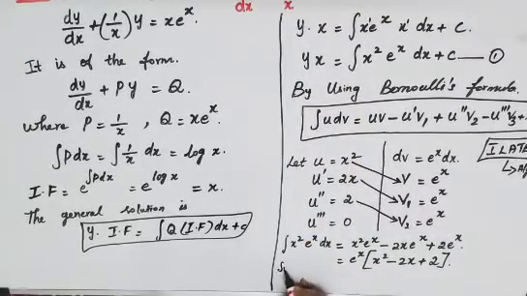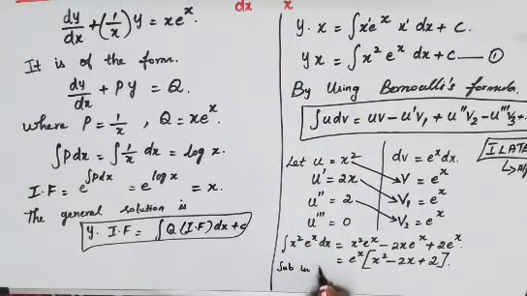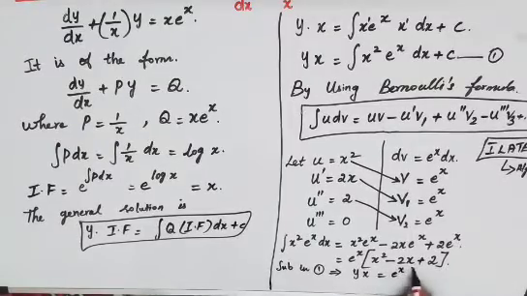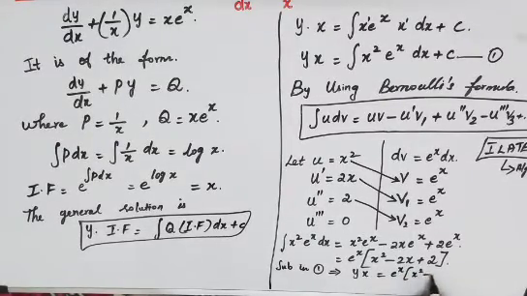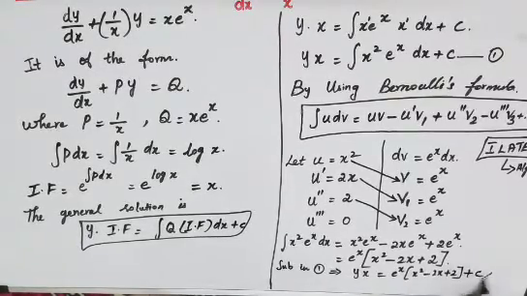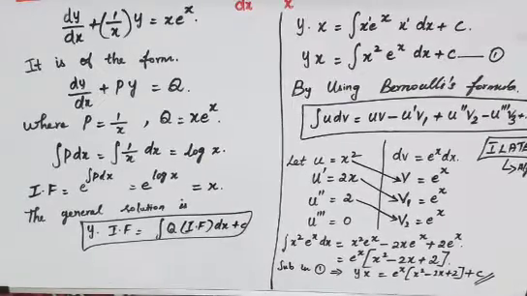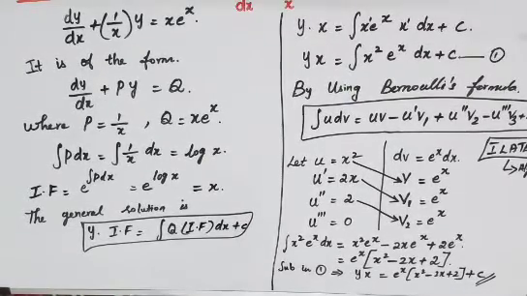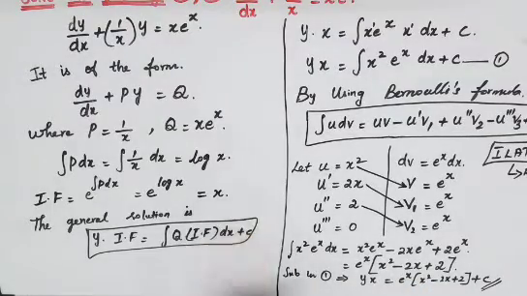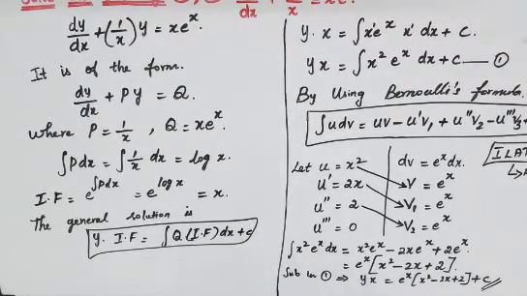So substituting in 1, yx is equal to e power x, x square minus 2x plus 2, plus C. This is the answer for your 5th question as well as your 8th question. Both questions are the same, so I have just written it once. Once the answers are there, if you want, check it in your book. The 5th and 8th are the same question.